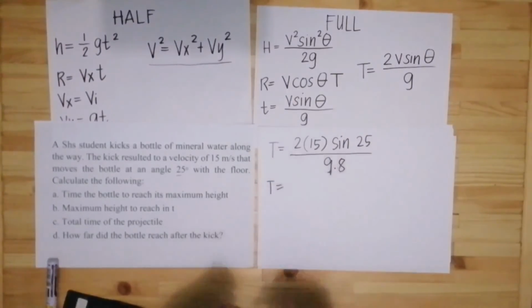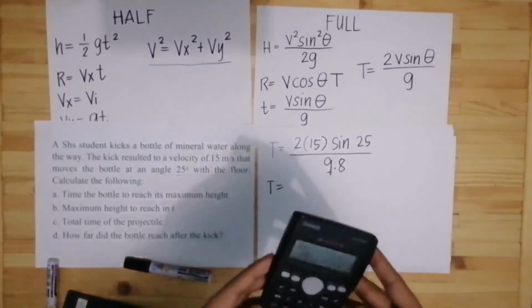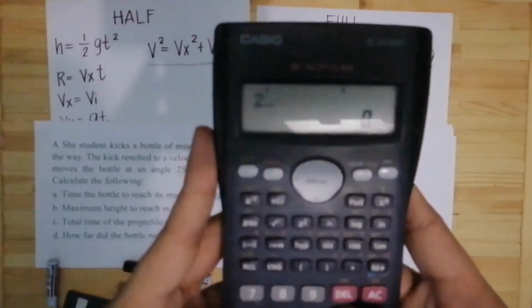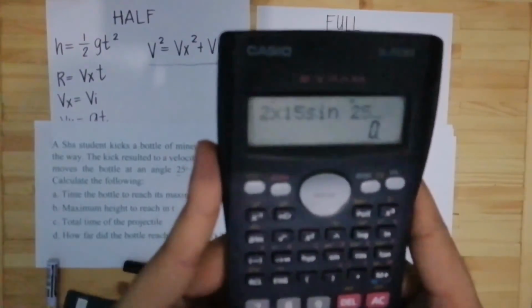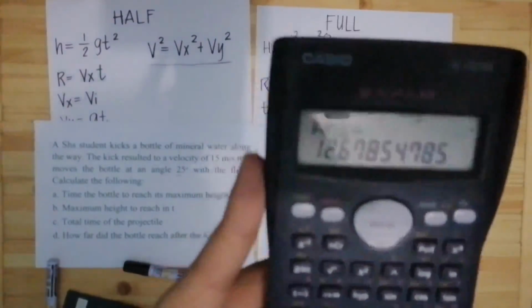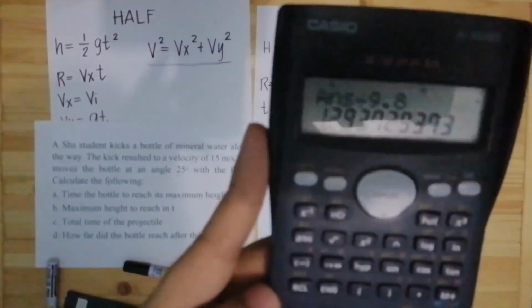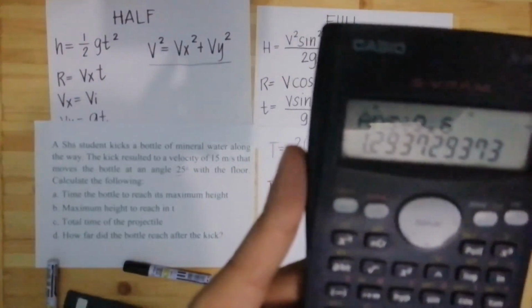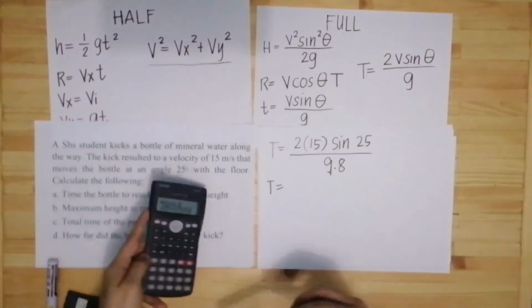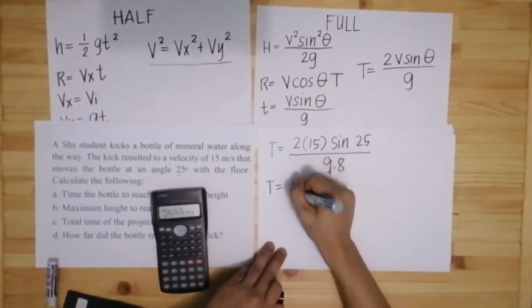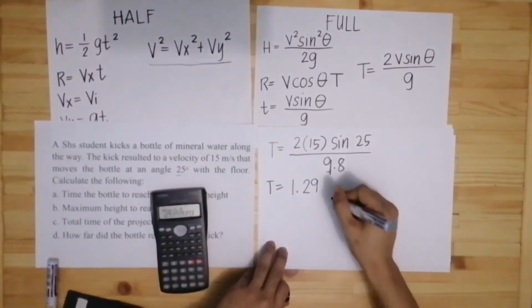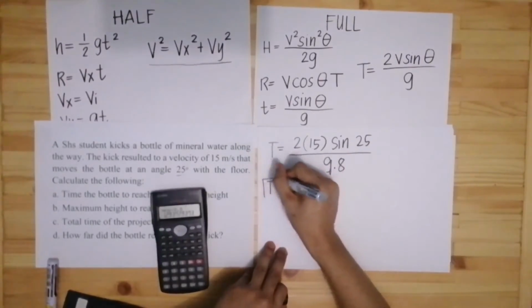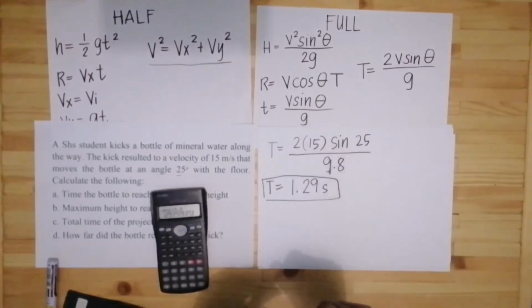Total time is equal to, multiply again natin, 2 times 15, then sine 25, equals, then divided by 9.8. Don't forget that. 1.29. That is our total time, 1.29 seconds.